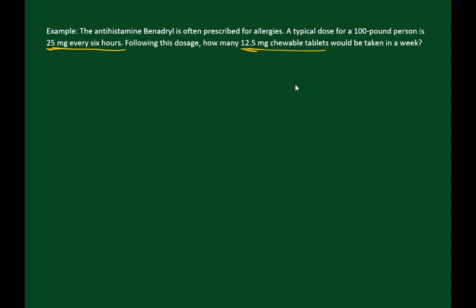But I'm going to do this by using unit analysis, and it asks how much we need to take in a week. We first start with how many days we have, because this is given in 6 hours. We have the week, then the day, and from the day the hours. So you may start with the week and convert how many hours we have in a week.